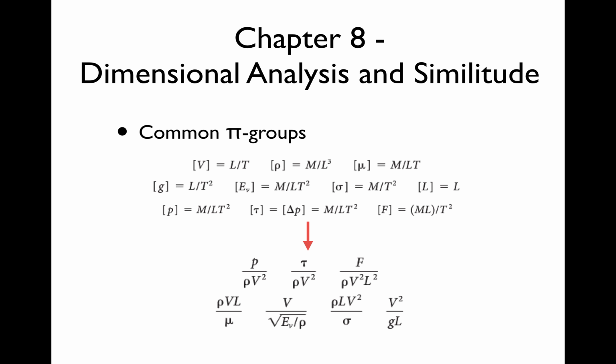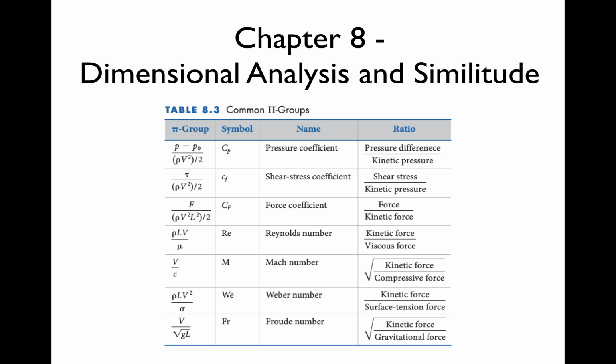If you realize that they only have 3 dimensions in different combinations for all of them, then we realize that we can only have 7 pi groups. And so when the analysis is done, these are the common pi groups that you get: the pressure coefficient, shear stress coefficient, force coefficient, and then the Reynolds, Mach, Weber, and Froude numbers. So these are important to know and be able to use.